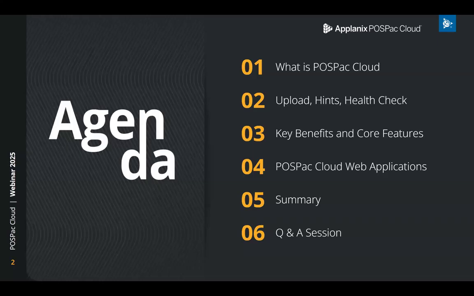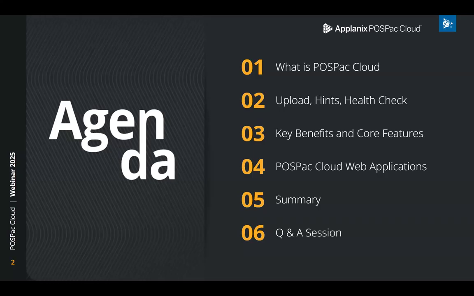Let's take a moment to look at what we will be covering today. We will start with an introduction to POSPac Cloud, what it is, who it's built for, and the core architecture that supports it. Then we'll go over what gets uploaded to the cloud, along with some useful system hints and a look at the health check feature for validating inputs.